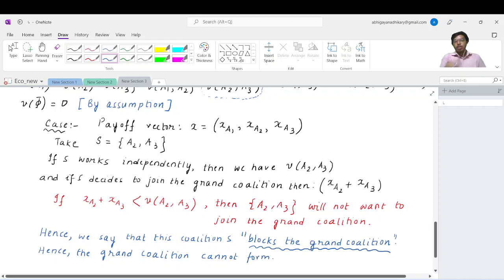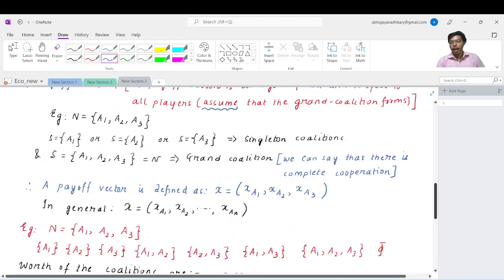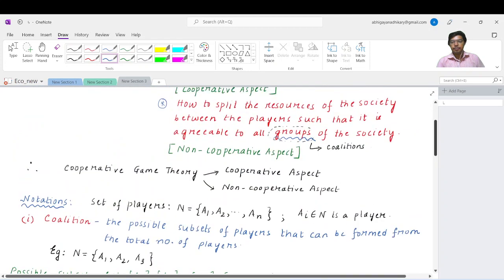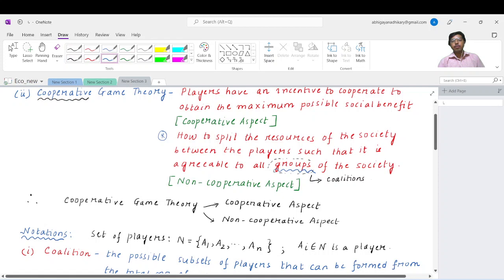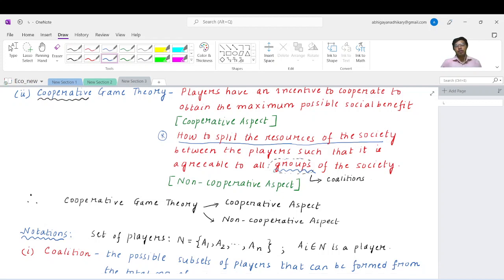Now, this actually shows why I have written this earlier: in this cooperative game theory structure, we are trying to look at how you split the resources of the society between the players such that it is acceptable to all groups and not only single players. Because 2 or 3 players, which is a subset of the total number of players in society, might observe that, okay, if we work independently, we are producing more.